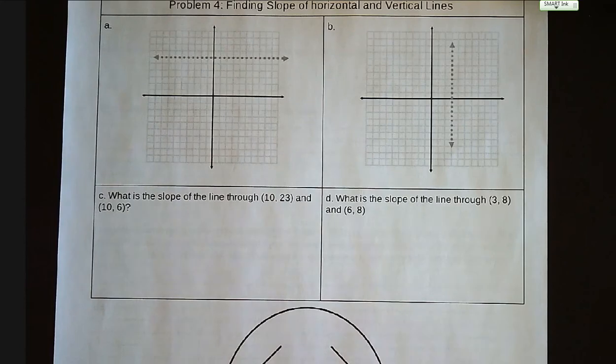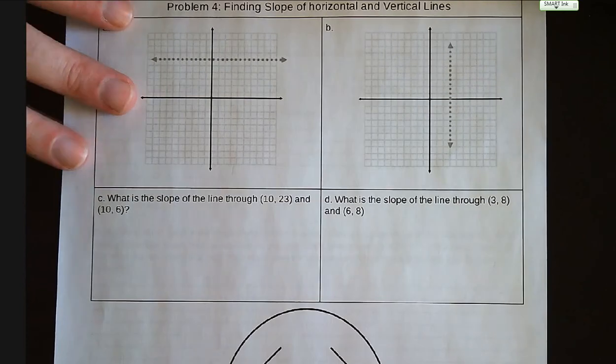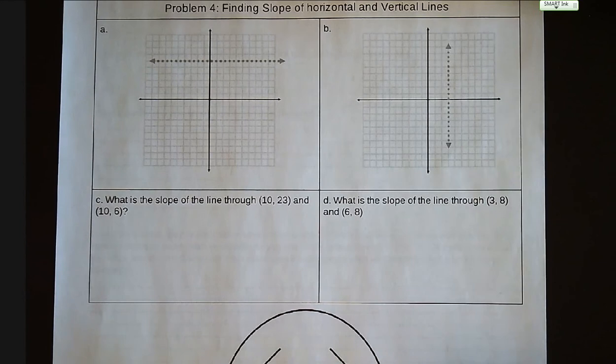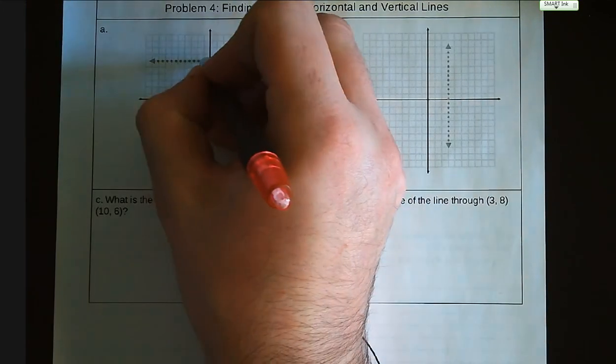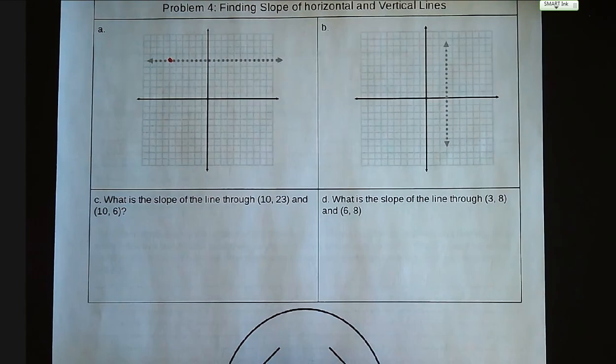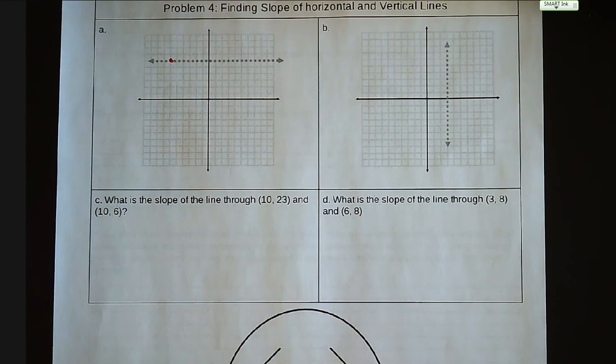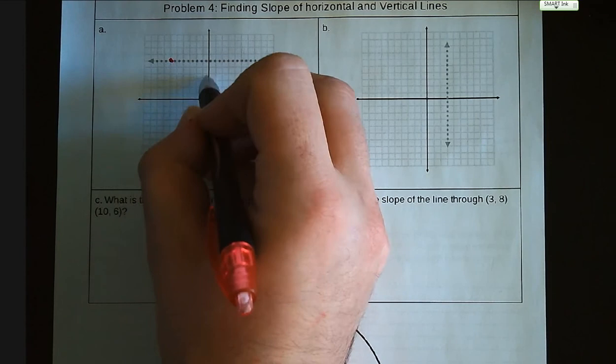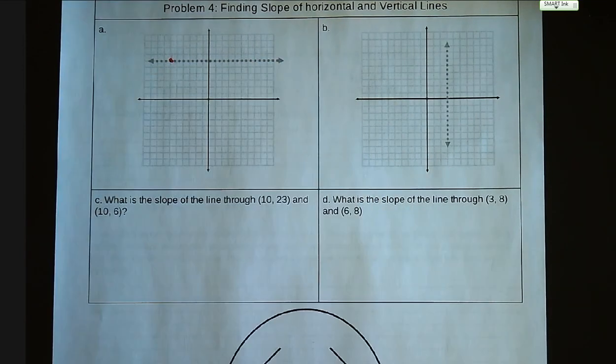Our last section is finding the slope of horizontal and vertical lines. So for letter A, I'm just going to pick any two random points on there. So we have a point at negative 6, 6.